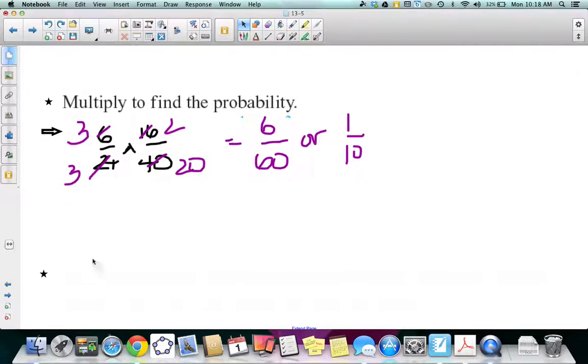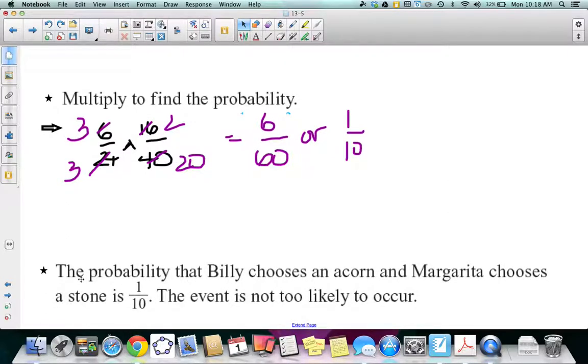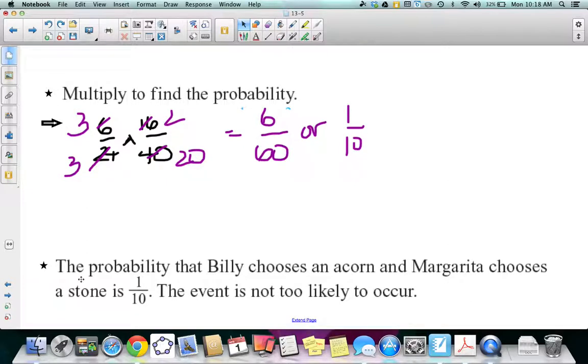So you can see from there, the probability that Billy chooses an acorn and Margarita chooses a stone is 1 over 10. The event is not too likely to occur.